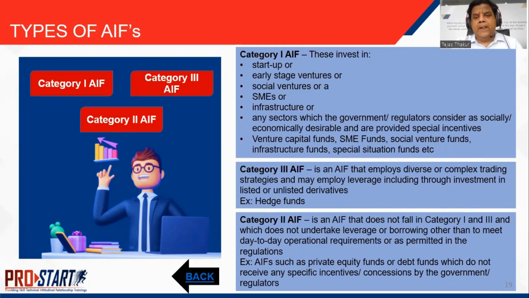So what is not included in 1 and 3, plus where we do not take leverage or borrowing or derivatives other than as prescribed by the regulator or for day-to-day affairs, that is category 2 AIFs. So a classic example of this is private equity funds or debt funds which do not receive any special incentives or concessions by the government, regulators, or any other body.